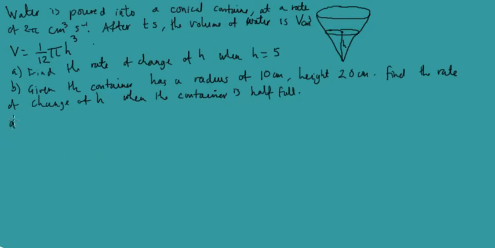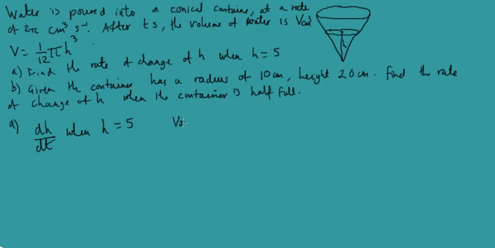So let's do A first. So what do we need to find out for this? We need to find out what dh by dt is when h equals 5.